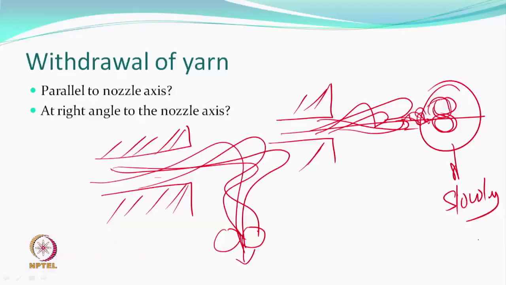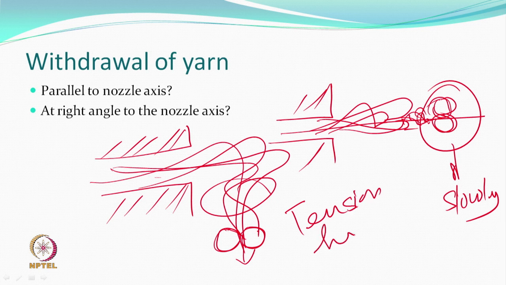But the more important thing is, the moment you change the direction, something wants to move in this direction, suddenly you pull it down, the tension here will be more. Remember, we just discussed, if the tension is higher, entanglements will be tighter.